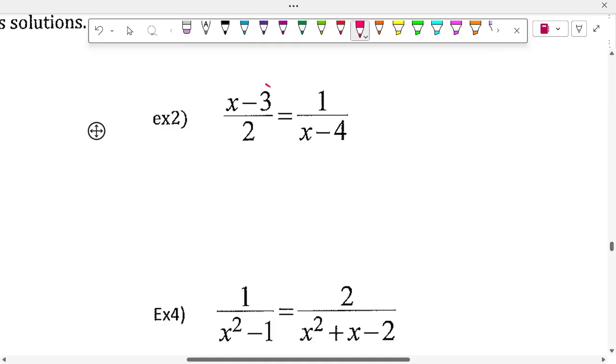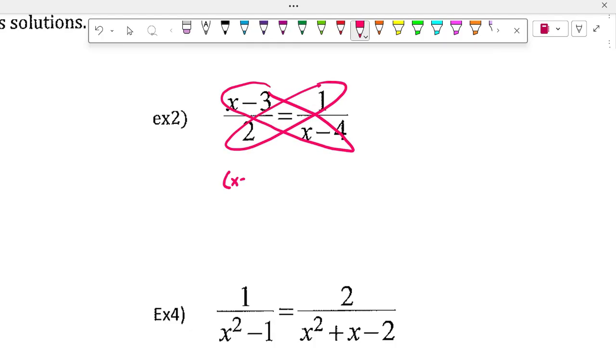All right, example 2. Cross and cross. So I have x minus 3 times x minus 4 is equal to 2 times 1. So the left side, what do I technically have to do to multiply that through? You either got to do a box method or a quick FOIL.